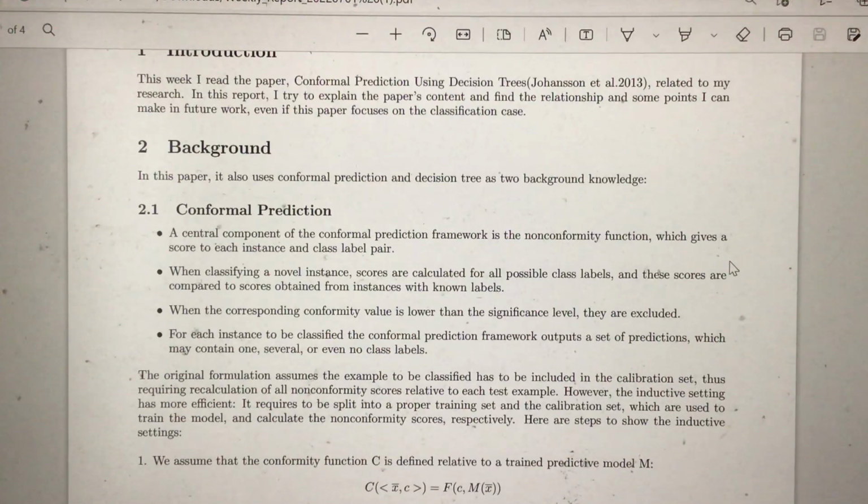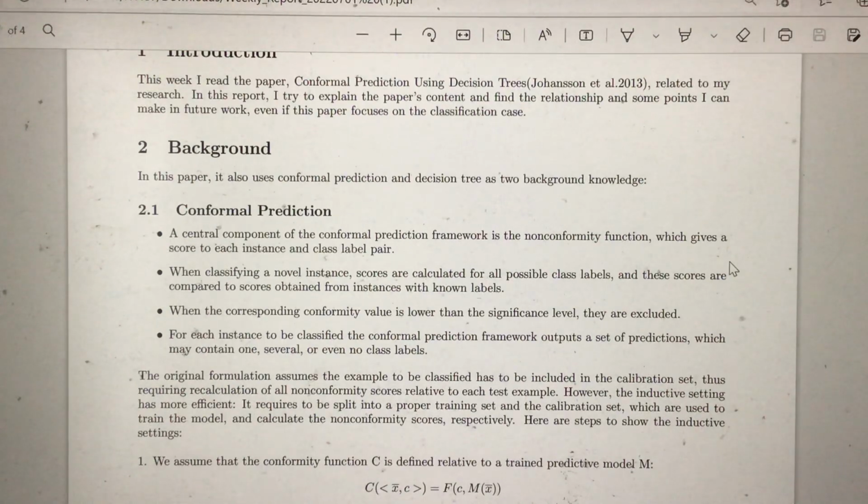When the corresponding conformity value is lower than a significance level, they are excluded. For each instance to be classified, the conformal prediction framework outputs a set of predictions, which may contain one, several, or no class labels.